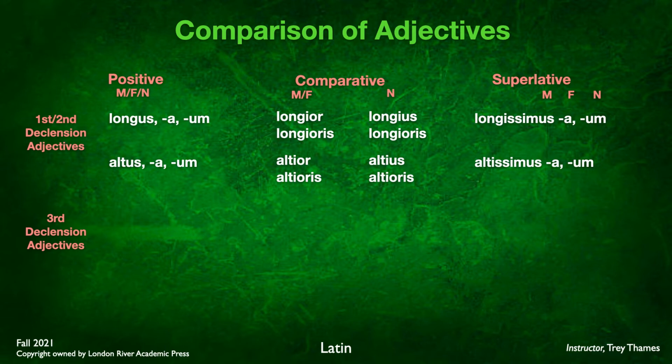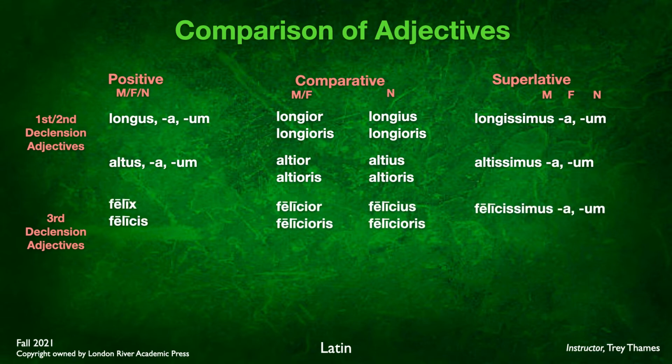Now, for third declension, let's look at this third declension adjective, felix, felicis. All right, notice, of course, the x shifts to a c in the genitive case. So your stem is actually felic-, so it's felicis. For the comparative masculine and feminine, we take that stem, felic-, we add the -ior, so felicior, felicioris, with the endings for genitive and following.